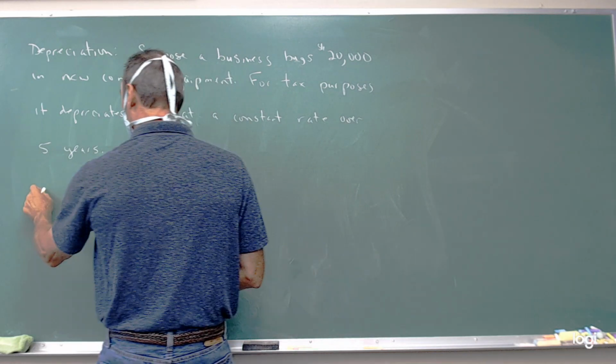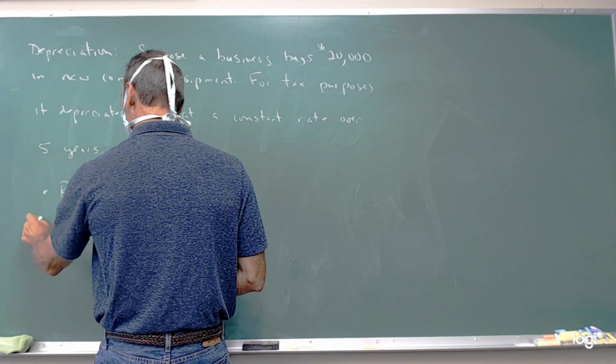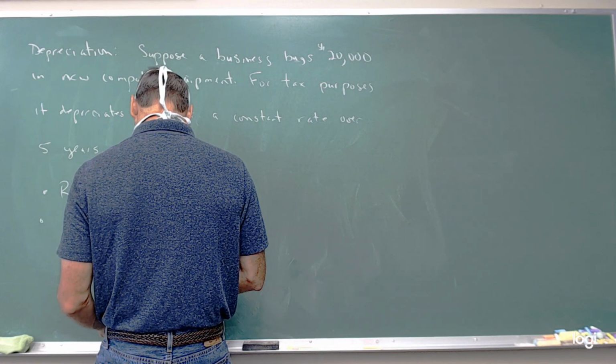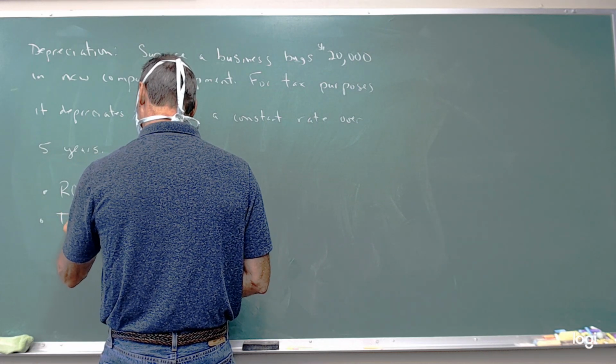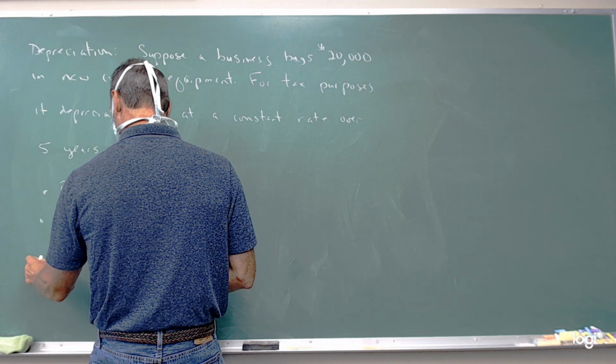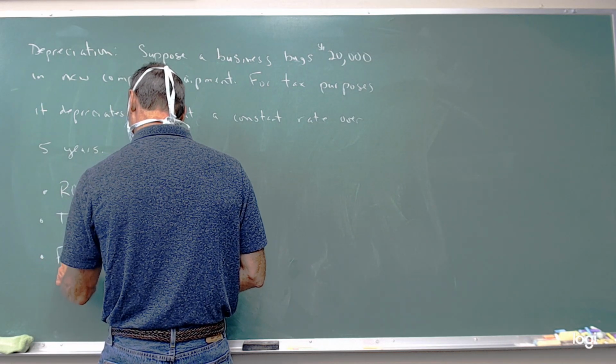So we're going to ask the question again, can we figure out what is the rate of change? Maybe we can make a table of values, and then can we find a formula for that?